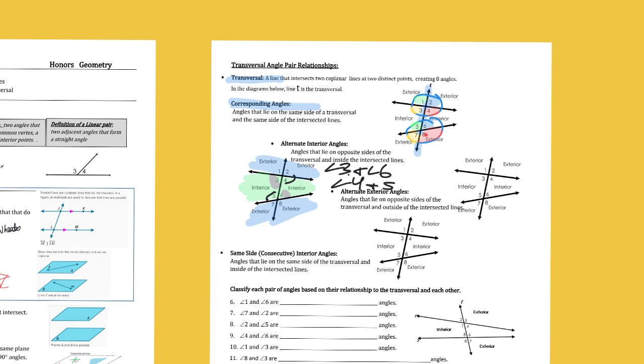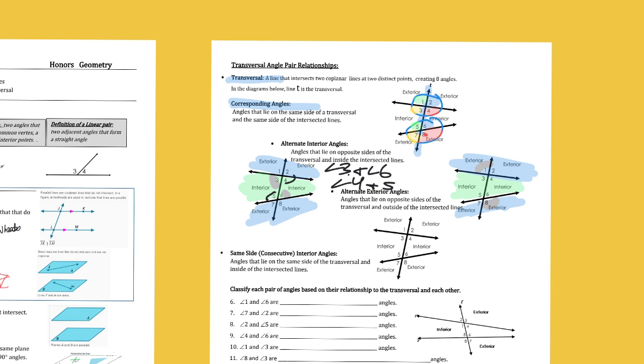Alternate exterior angles. Again, let's get out our highlighter and say, okay, these are interior angles right here. Those 4 angles are interior, and these guys are all exterior, okay? We want to say which ones are alternate sides of the transversal, and then also exterior. So alternate exterior would be angle 1 and say 8.